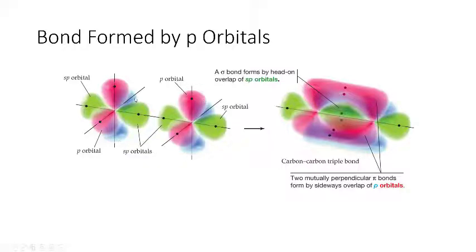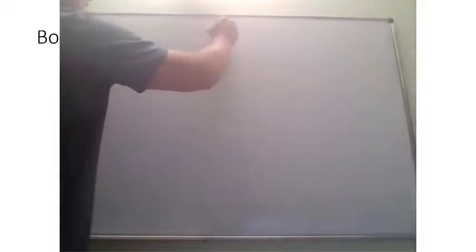And then you can see we can get another pi overlap in our y-axis for our py's. So we can have 2 different pi bonds, one on the top, one in the equator, and then a sigma bond straight up between our sp hybrid orbitals. So let's draw an example of that sp triple bond. Our example for this is going to be C2H2.